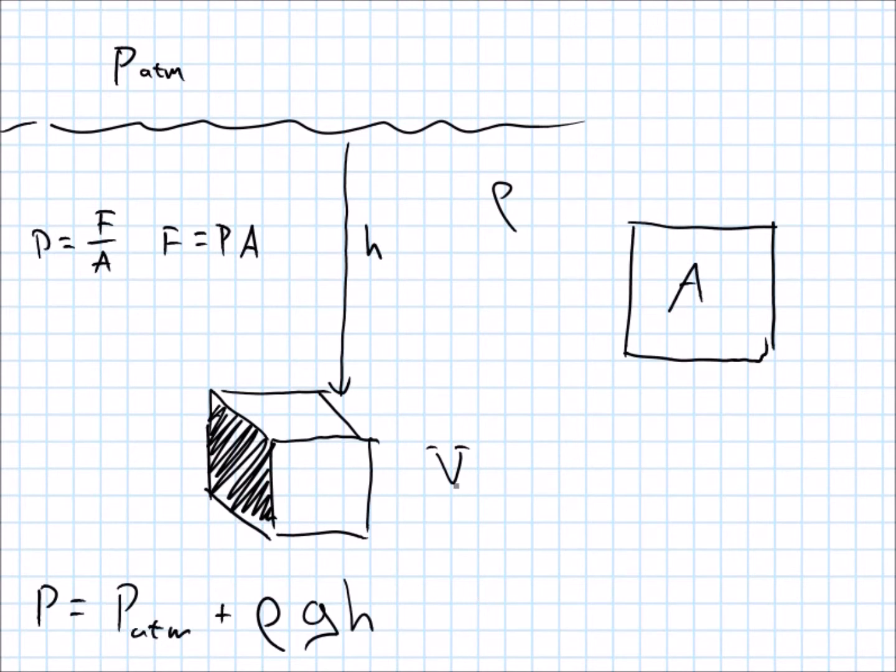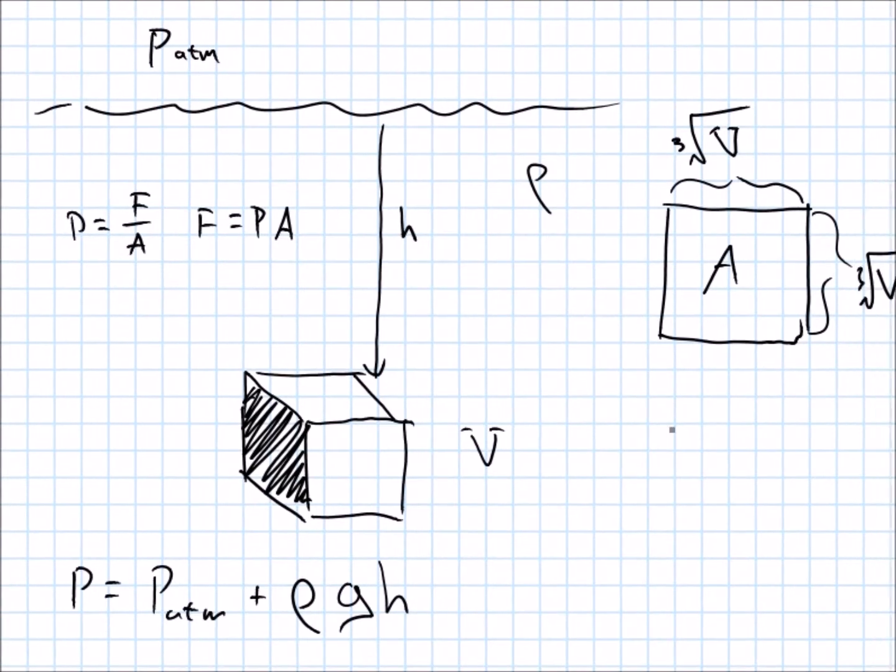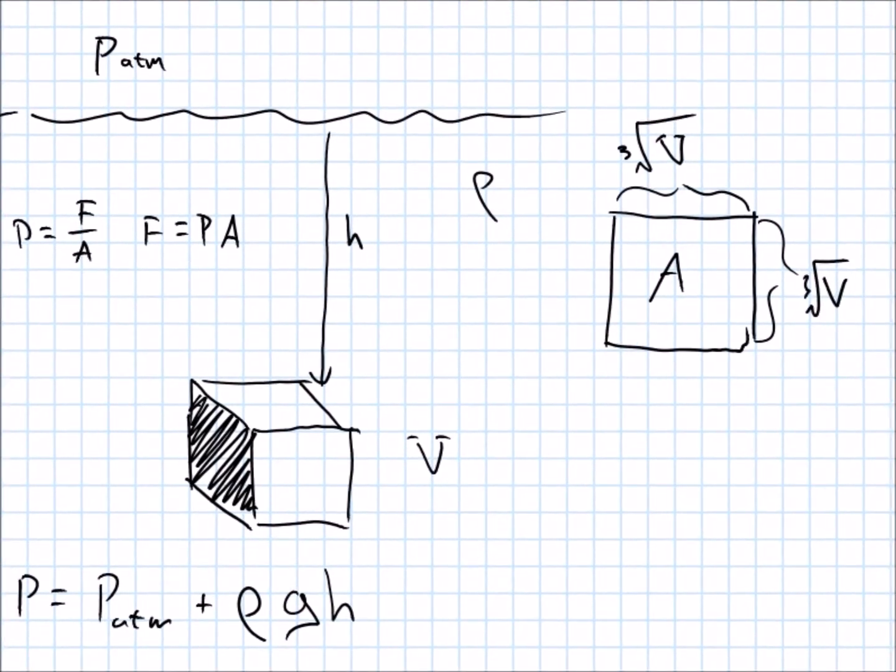Well, if the whole thing was a cube, then I know I can find the side length, because the side length is going to be the cube root of the volume, like the square root, but the cube root. And I know that this is going to be a square because it's off of a cube, so all I have to do is multiply by another one of these cube roots of volume. So the cube root of volume squared, essentially.